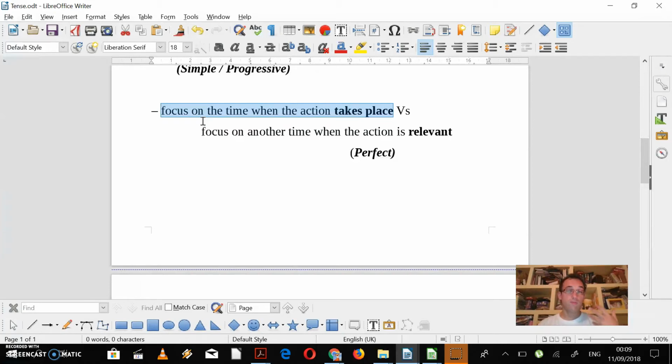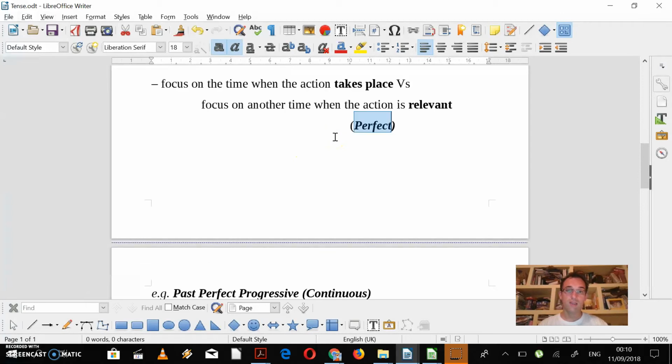And when it's past progressive, the action took place in the past. But when we have perfect in the name, then we focus on the time when the action is relevant, and not the time when the action took place. So it's called the present perfect. Present is when the action is relevant. Actually, in other words, now is when the action matters, when it's important, and the whole thing happened actually in the past, partly or completely.